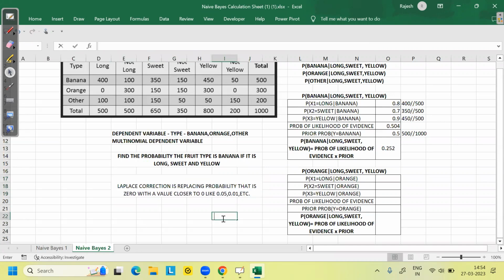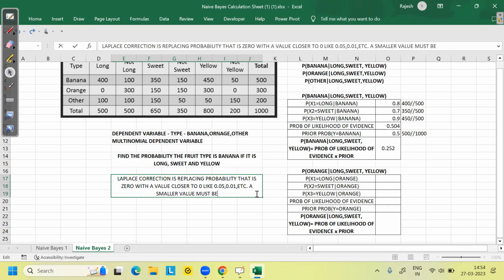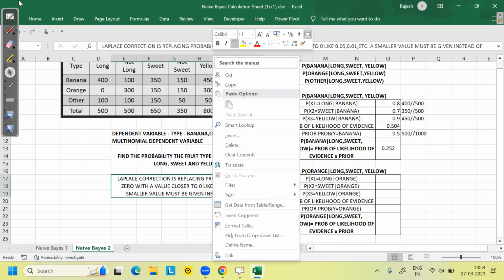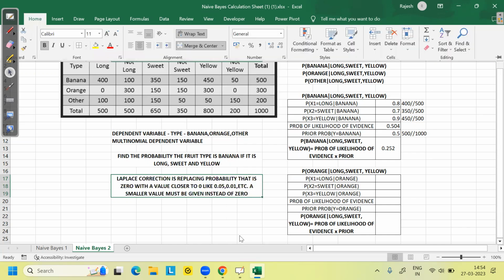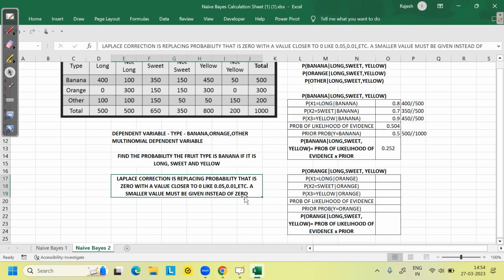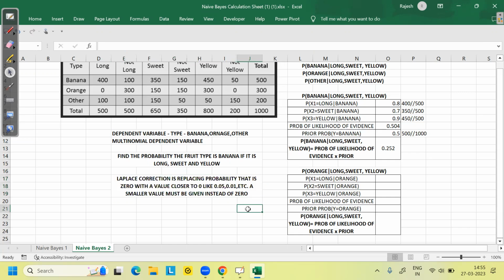So a smaller value must be given instead of zero. One of the problems with naive Bayes probabilities is that sometimes you will see the probability becoming zero. Whenever that happens, to avoid the whole calculation becoming zero, we use Laplace correction. So in this case, instead of zero, I'll take a value such as 0.05, some random value.